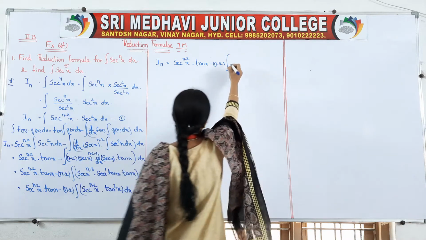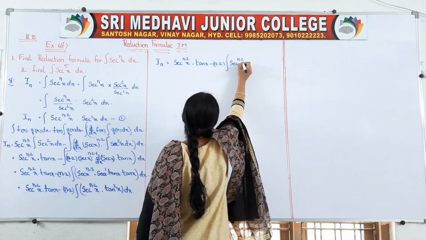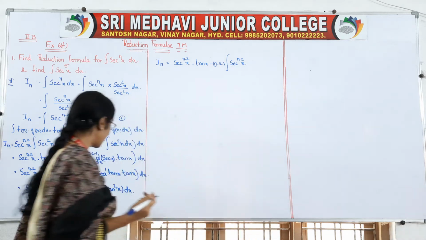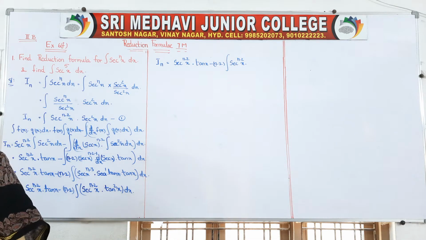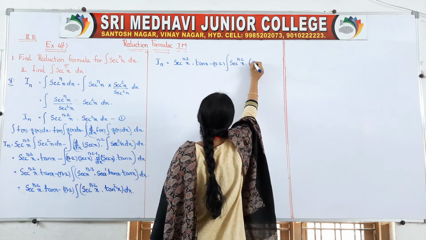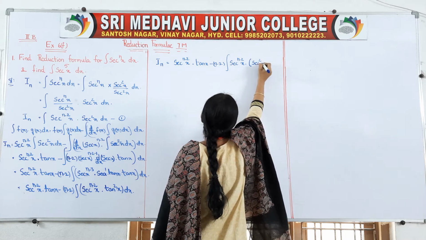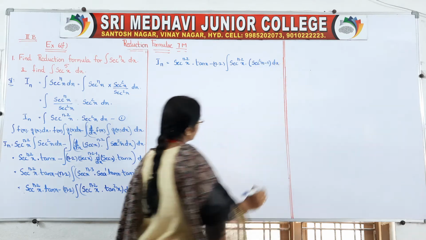What is this? Secant to the power of n minus 2 x into tan square x can be taken, by our identity, as secant square x minus 1. So we can write this as secant square x minus 1 into dx.